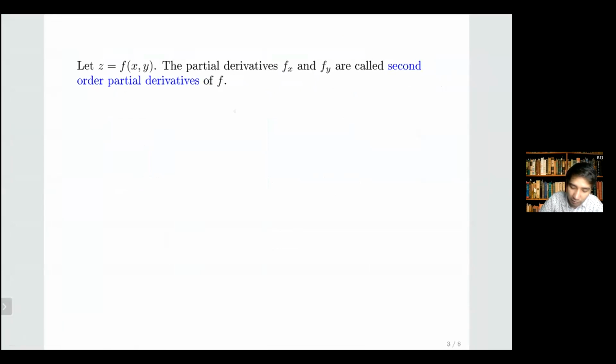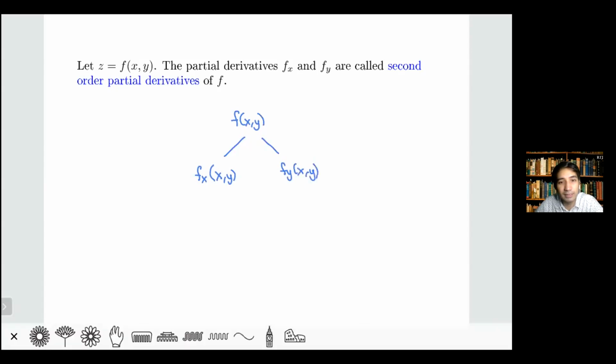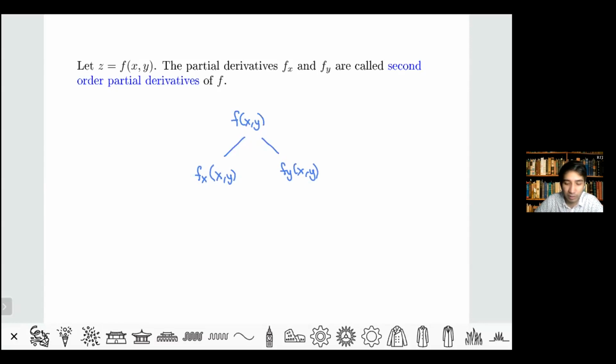So, kung meron kang function f of xy, you can differentiate that with respect to x, or you can differentiate that with respect to y. Pero in both cases, those are still functions of x and y. So, pwede mo pa rin silang i-differentiate with respect to x and with respect to y.